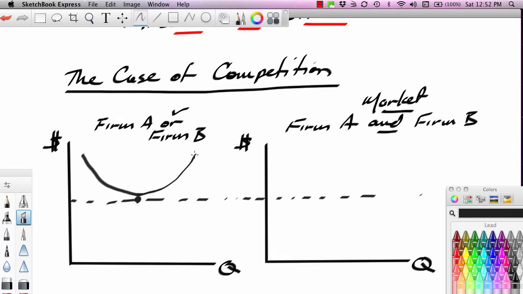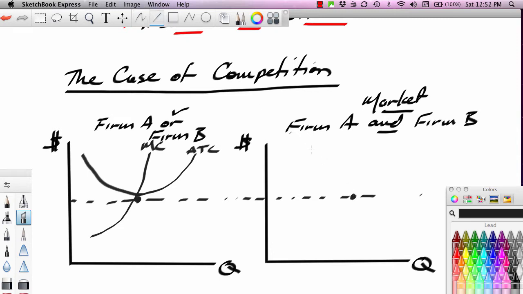The ATC curve is parabolic, so this is ATC, and MC, of course, cuts that ATC curve at its minimum point. And we're going to just leave that as is, come back over here. I want to find a point in the middle of this space.